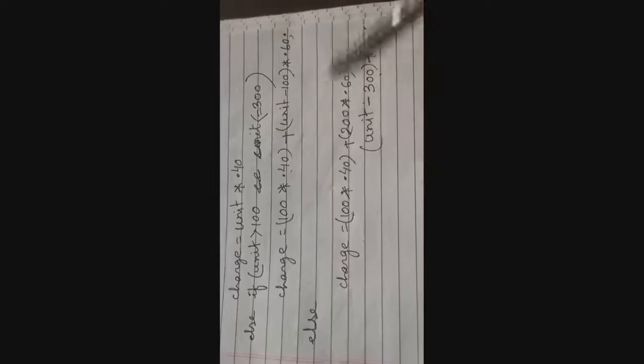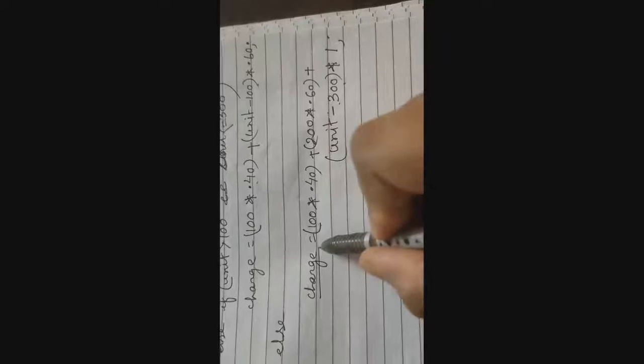Then for the second 200 units I will pay 60 paise per unit, and for the last, how many units are left? If it is 320 units, then 320 minus 300 is 20 units. For 20 units I am supposed to pay 1 rupee per unit. So the entire calculation for the units is done, and it is stored in charge.